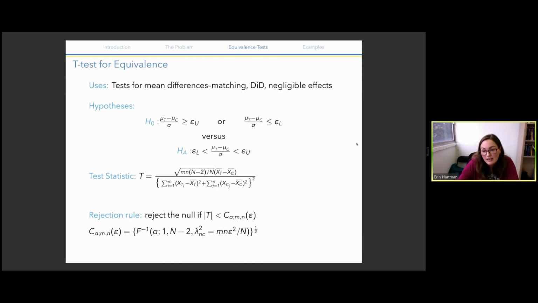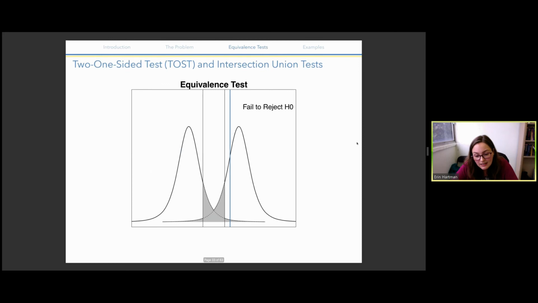Of course, this test, it's been shown, if you use symmetric bounds, corresponds to basically conducting a difference in means test looking at the 1 minus 2 alpha. So if you want to test at the alpha equals 5% level, you look at a 90% confidence interval and ask, does that 90% confidence interval lie entirely within this equivalence range?